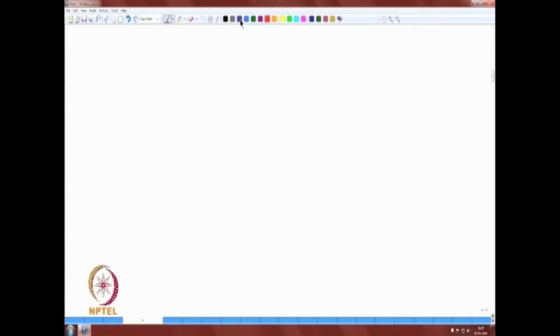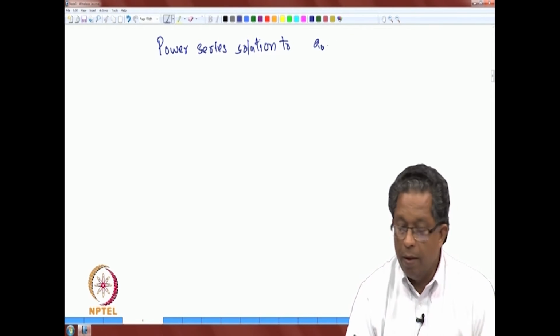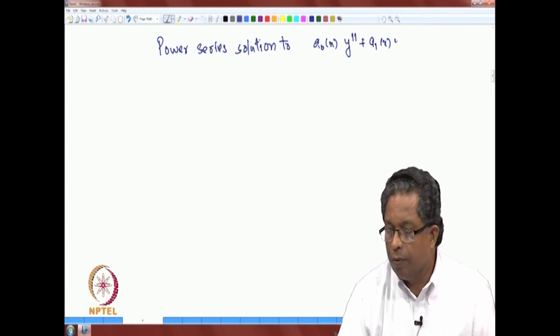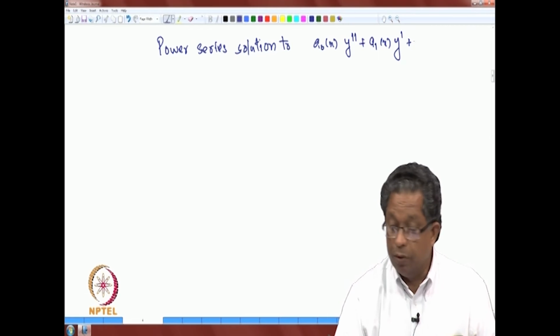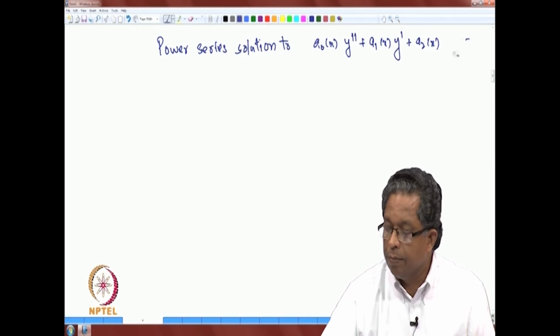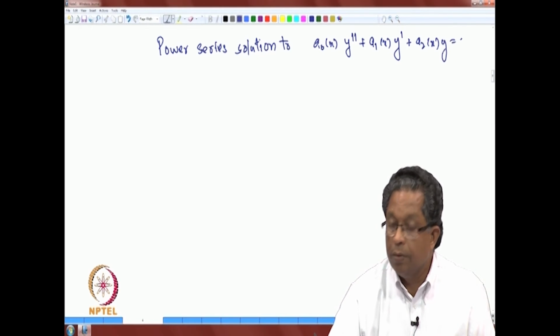So, power series solution to the equation a0x y double prime plus a1x y prime plus a2x y is equal to 0, call it 1.